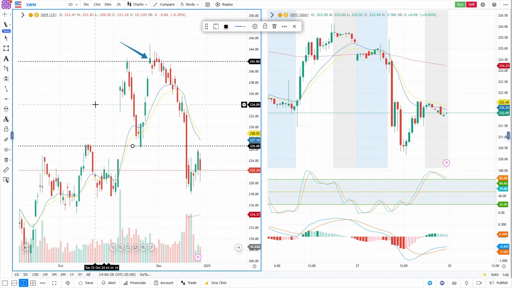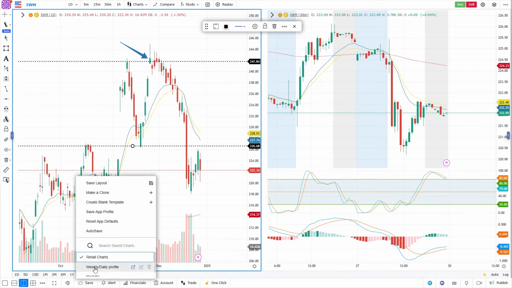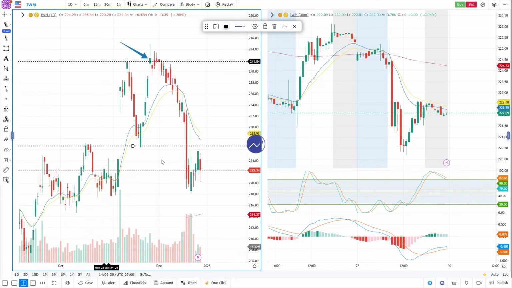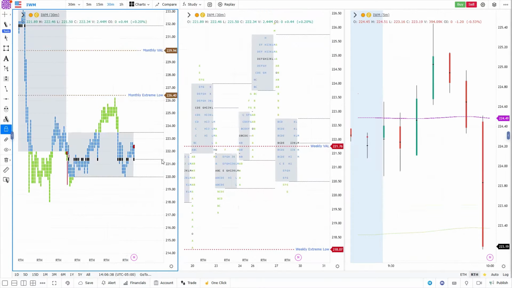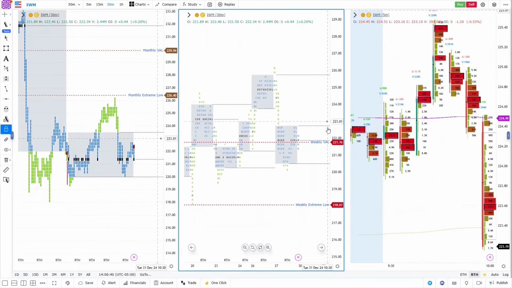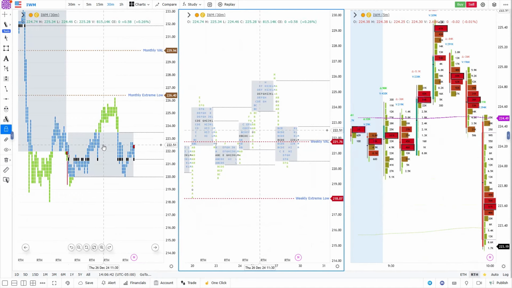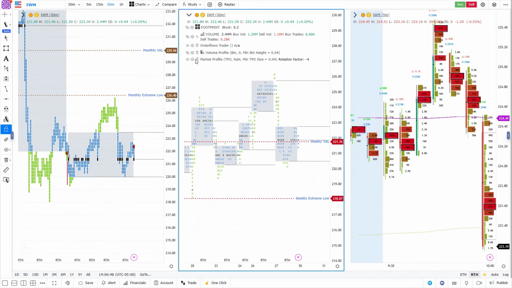Let's swing over to order flow and let's talk about what order flow provides. I'm also going to throw in something extra, and that is market profile. What you see on the far left and the middle, these are market profiles. I think I'm going to make a video of that later.